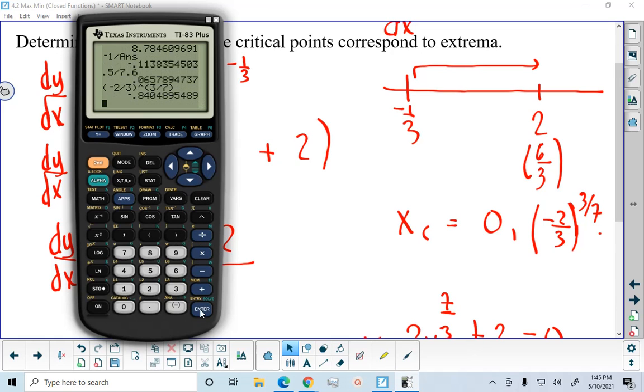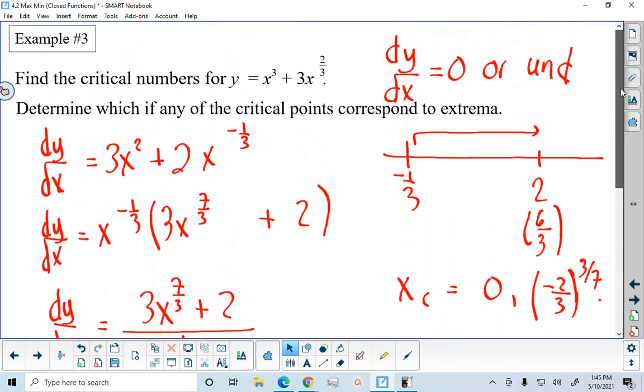So I'm getting about negative 0.84. Anybody else get that number? Yeah. Okay. All right.